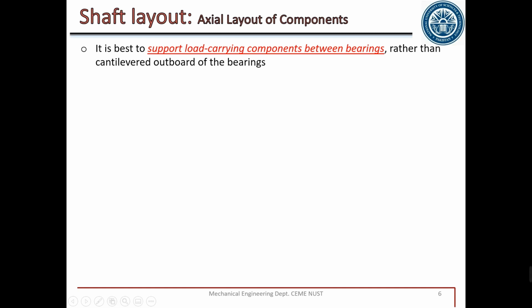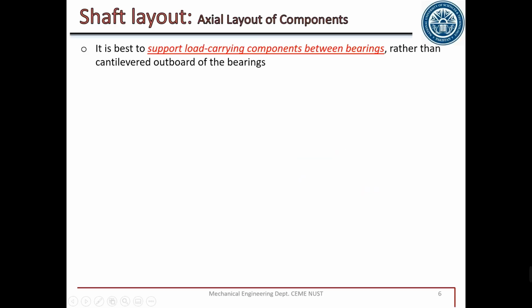Because with a cantilever beam, the deflection at the end is highest. That's why if we have two bearings at the ends with a shaft in between, the most probable deflection will be like this. At the bearing ends, the deflection will be minimum.